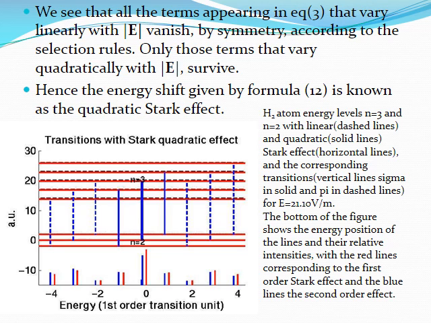The bottom of the figure shows the energy position of the lines and the relative intensities, with the red lines corresponding to the first order Stark effect and the blue lines the second order effect.